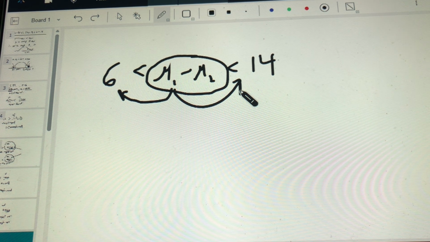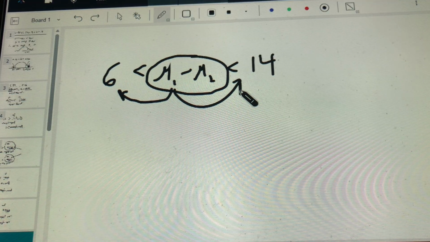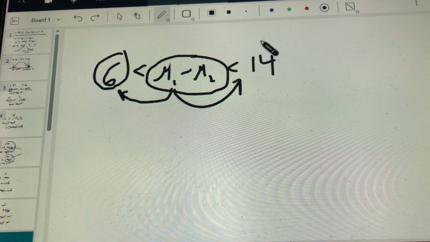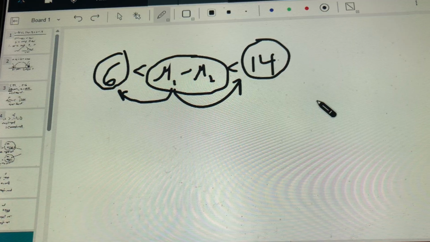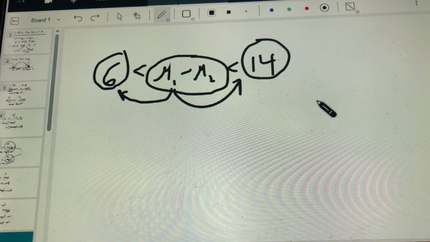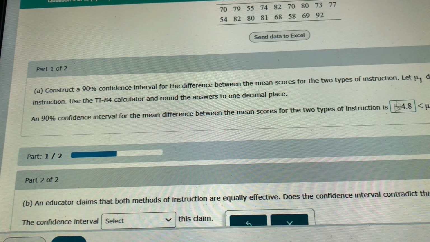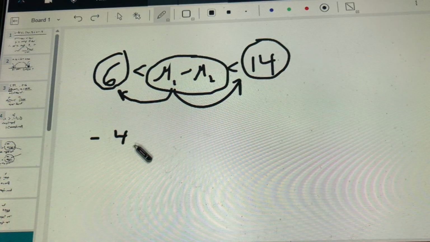If the answer is always positive, that means the first thing is bigger than the second thing. When you subtract, if the first number is bigger than the second number, that's how you get a positive answer. If the entire interval is positive on both sides, then you know the first one's significantly bigger. If the two answers were both negative, then you would know the second one is bigger and the first one would be smaller. But when you get a case like this, where one answer is negative and one answer is positive, on the next problem, I got negative 4.8 to positive 6.9.